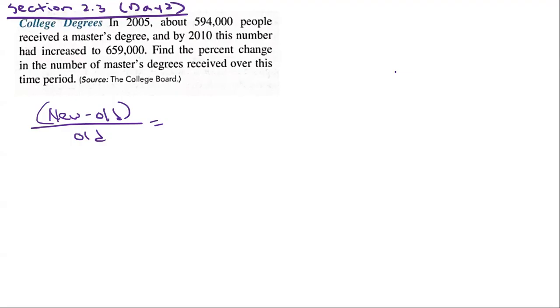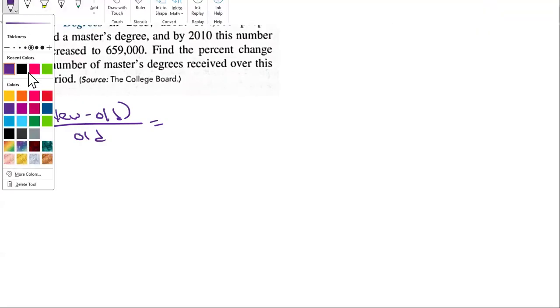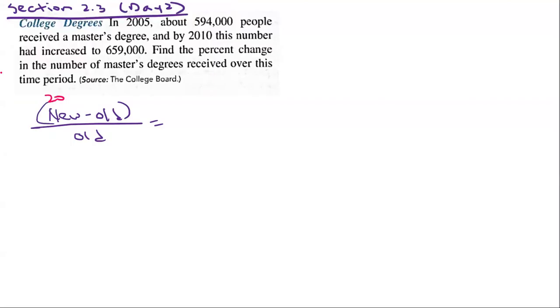Okay. So 2010 is the most current, right? So I would put the information from 2010 here, and then old will be the 2005, and then divided by the 2005.